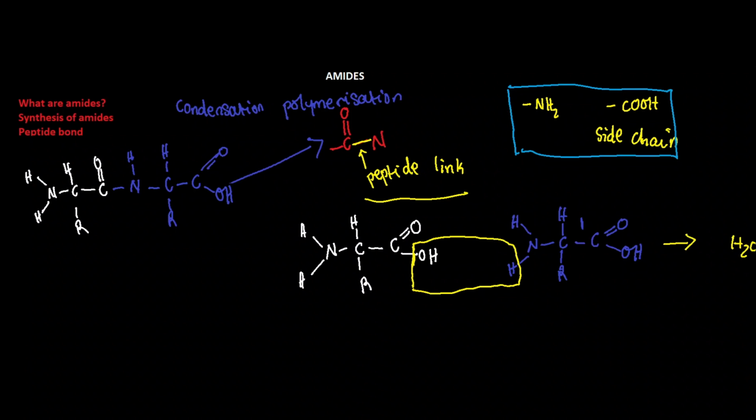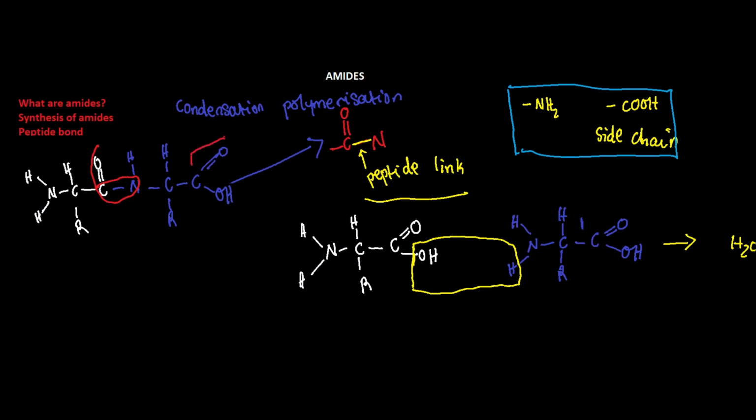Two amino acids have combined in this case to form an amino acid chain, and continuous chains of this form is what leads to the formation of proteins, and that is why this peptide bond, or peptide link, is very important because it leads to the formation of proteins.